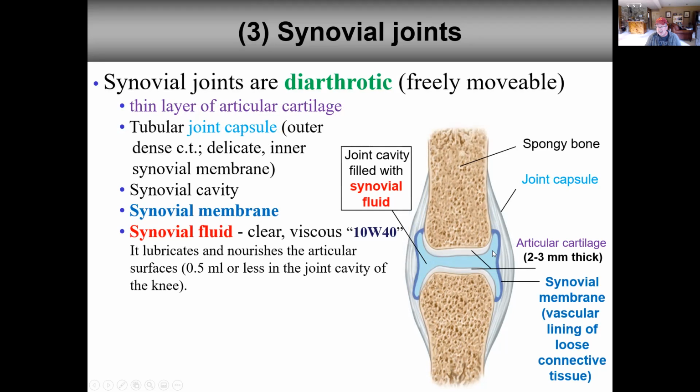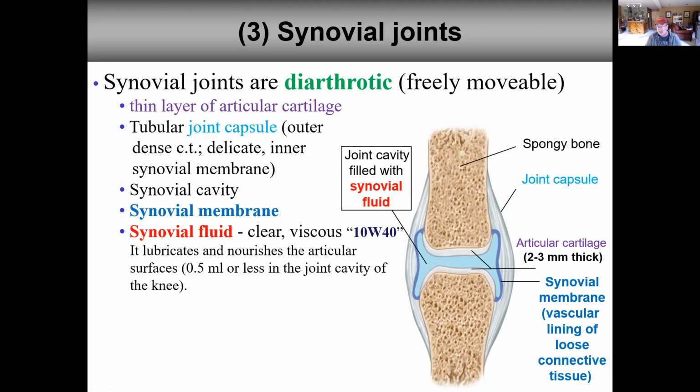The synovial fluid is produced by the synovial membrane and is a lubricant. I often define it as the 10W40 of the body. It's an oil-like material in terms of its lubrication function.